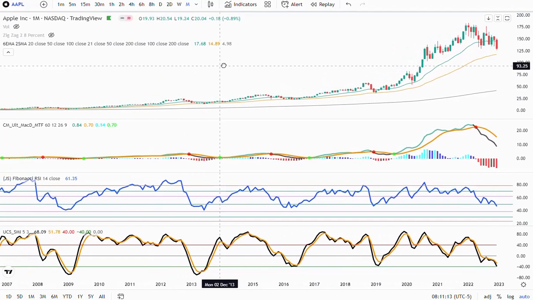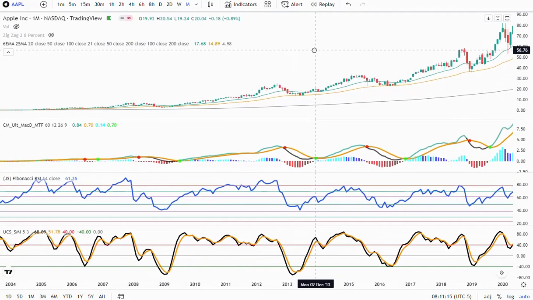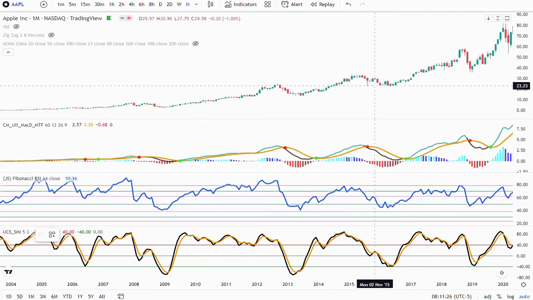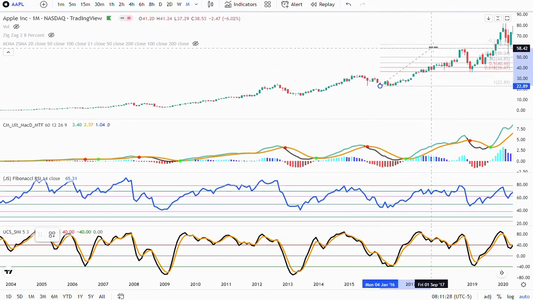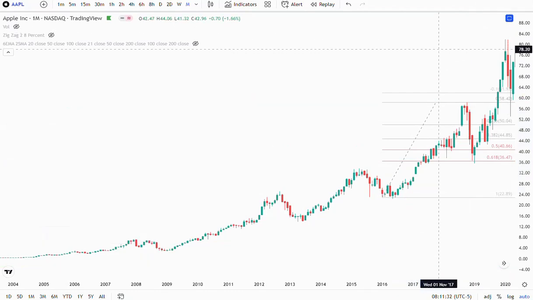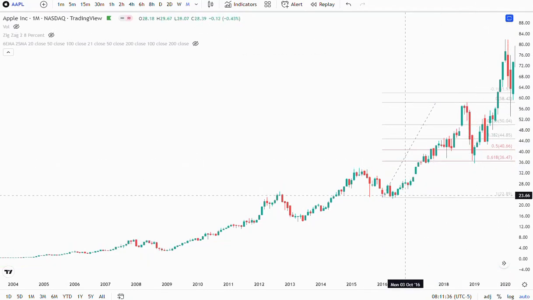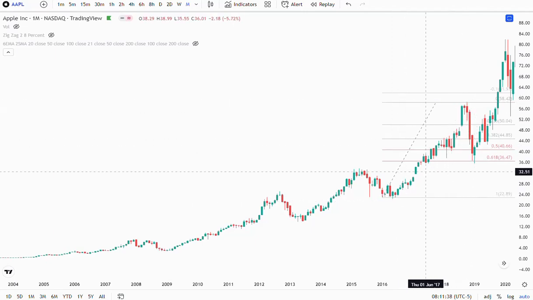Now, I'll use a fib just to get an idea of the magnitude of the decline. Let's see if I draw a fib from here to this. I'm going to get rid of the moving averages for a second. If I draw a fib from here to here, I can see that this pullback was up to the 61.8 fib of this move.